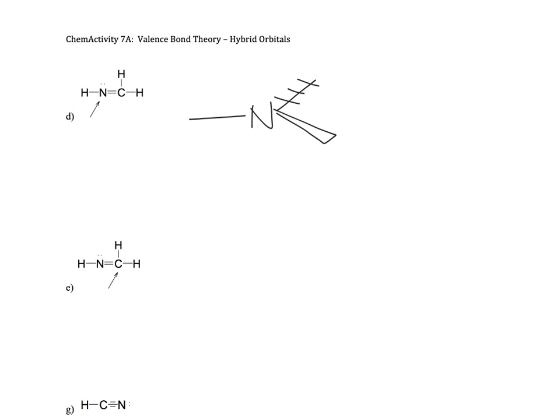And I'm going to put the lone pair out there behind, I'm going to put the carbon out in front and the hydrogen over here. So that's what we know about the nitrogen's geometry.